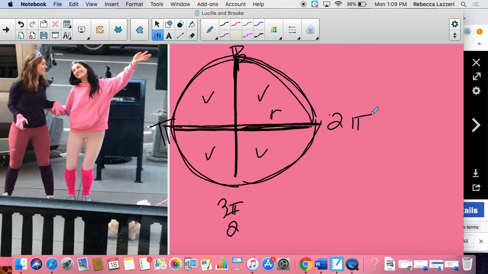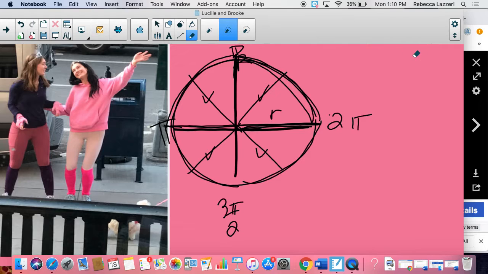Now, what if I cut those in fourths? Pi is 180 degrees. Let me write that down, we're going to be using that in a minute.